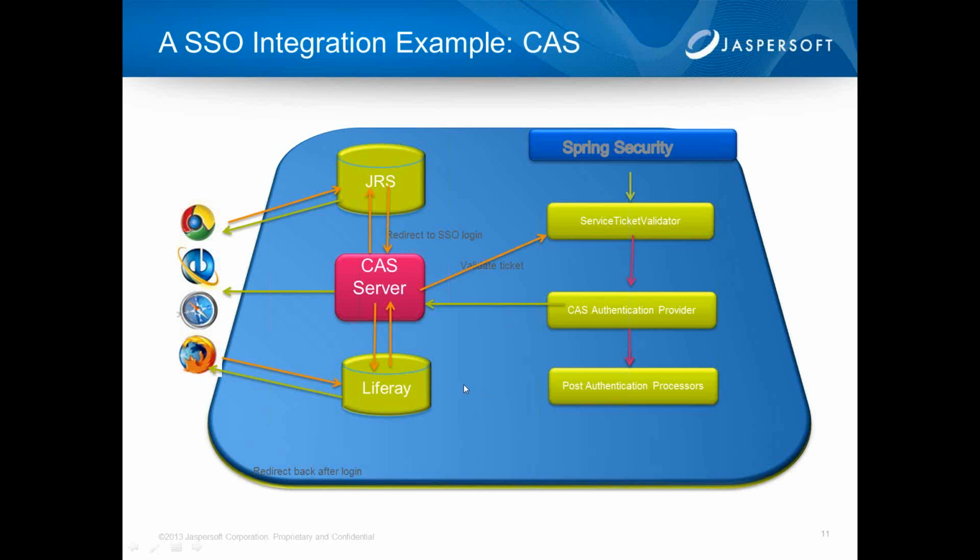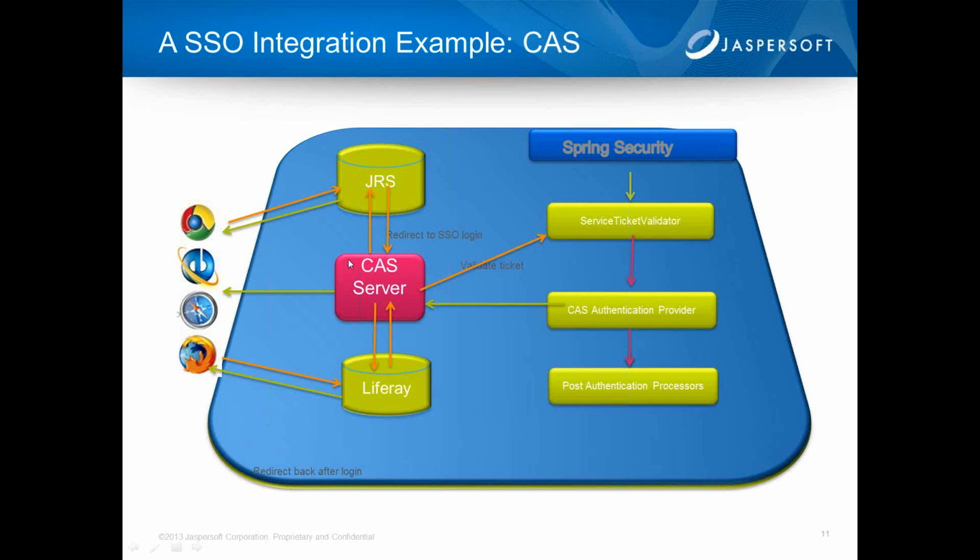So there are a lot of similarities in terms of how you configure Jasper server with CAS and how you configure Liferay with CAS. So you can pretty much use CAS, the central authentication server, as the single sign-on for both Liferay and Jasper server.